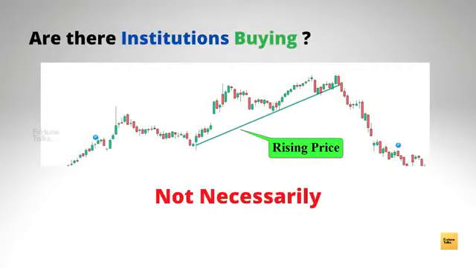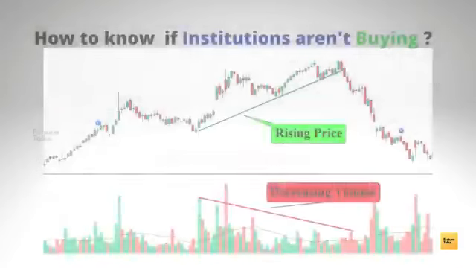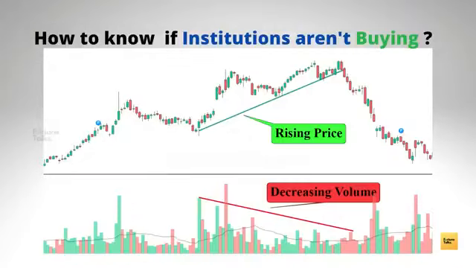The simple answer is it is not necessary that there should be institutional buyers associated with the price rise. Now the critical question, how would you know that there is no meaningful purchase by the institutional investors or the big players? Using the basic rule, if they were buying, then the volumes would have increased and not decreased. In this case, the price increased but the volume has decreased.